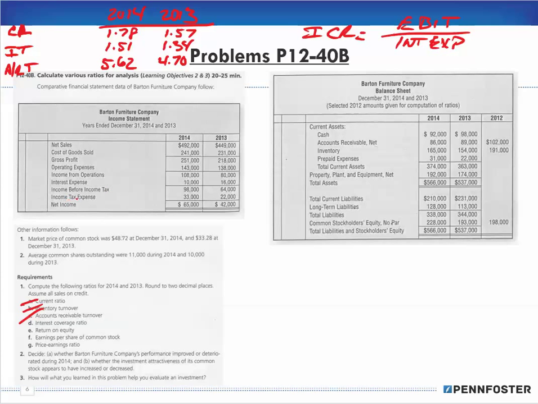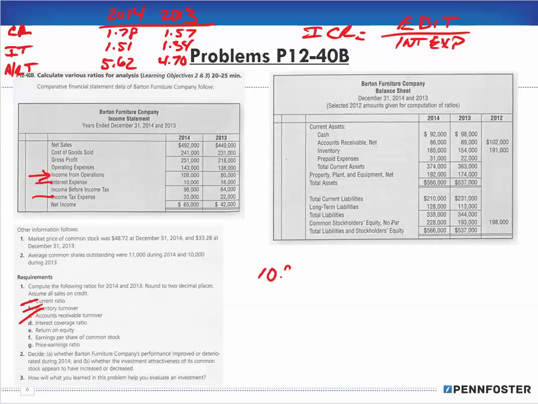Then we have our income tax expense, and then we end up with our net income. So we're looking at earnings before interest and taxes. Well, here's our interest, and here's our taxes. So what are earnings before? That's the income from operations.